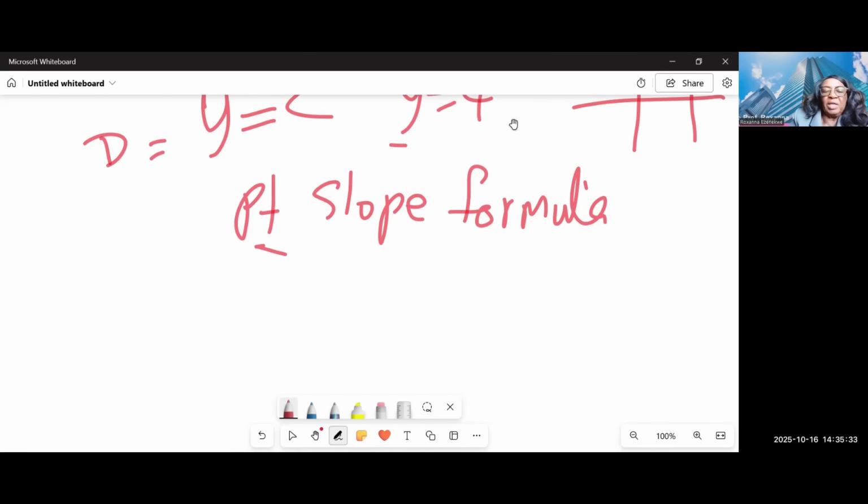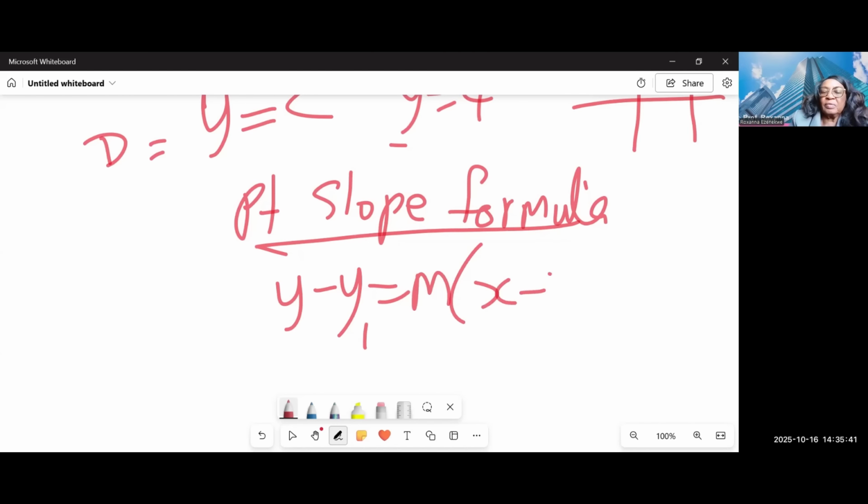The point slope formula says that y minus y1 is equal to slope times x minus x1. So we have now talked about 4 types of equation of a line. And there are times you need it. Very soon, we will see that we're going to need it.